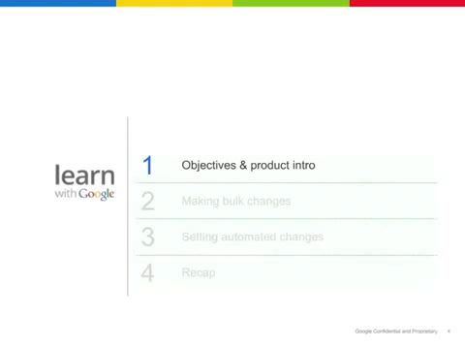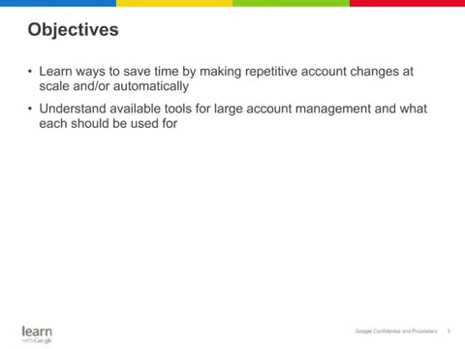Now, here's a little bit about what we hope to cover today, as well as a quick product refresh. To manage large or multiple accounts takes time, which is often in short supply. I think we can all identify instances in which we've had big ideas and creative solutions, yet have been limited in implementing them because all of the time is spent setting up campaigns, adjusting bids, pausing and enabling ads, running reports, and manually making changes to reflect performance.